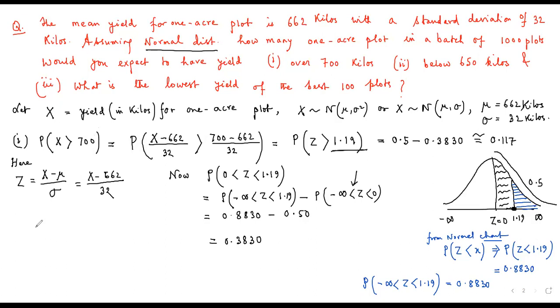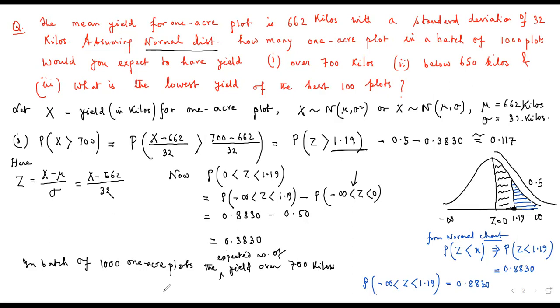Okay, so my ultimate answer will be: in a batch of 1,000 one acre plots, the expected number of plots with yield over 700 kilos will be 1,000 multiplied by this probability, 0.117, which is 117.